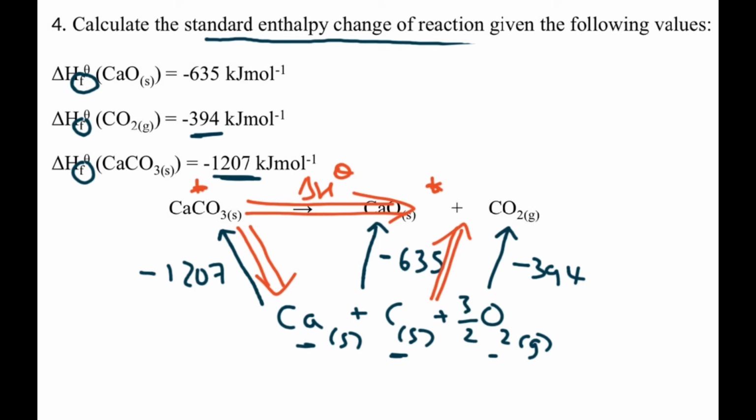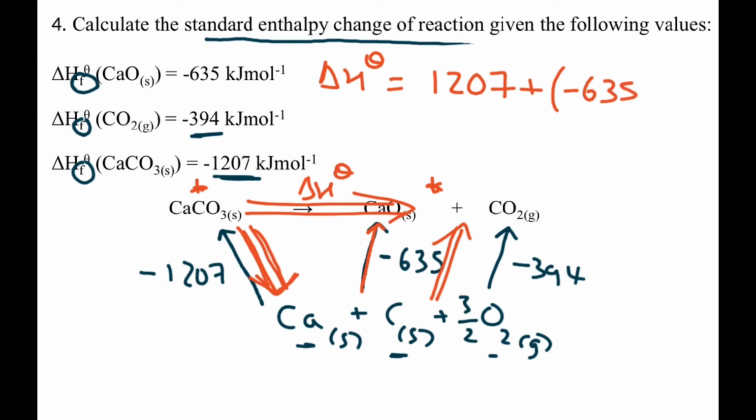So we're trying to find the enthalpy change of reaction. We're going to go down this red arrow. But the black arrow is going in the wrong direction, so we need to turn the black arrow around, which means we change the sign. So it's going to be 1207. And we're going to go up this black arrow, so we'll keep the sign, minus 635.